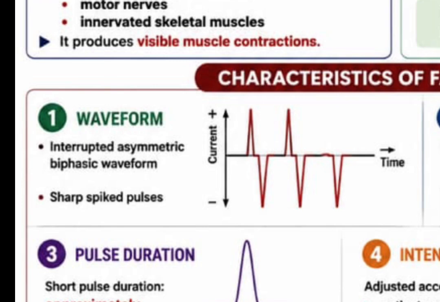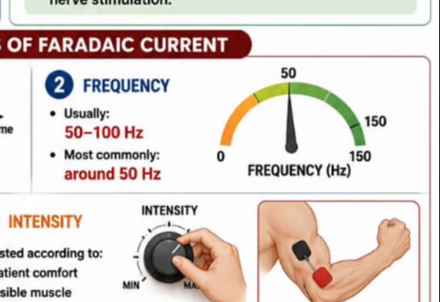Also, this is a sharp spike pulse, which means that when you initiate the Faradic current action, it goes up, attains a higher peak potential before coming down to a low peak potential. So it has to go up and come down, so the spike duration should also be taken into consideration. Frequency is between 50 to 100 hertz, commonly 50.